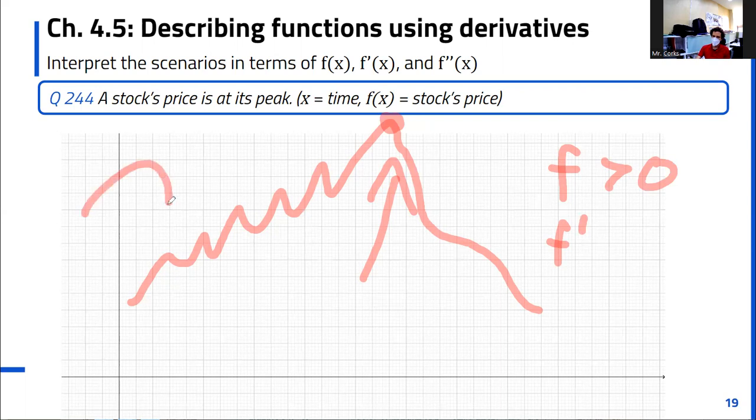If we think about when we had a maximum point, or also a minimum point, what is the slope at that point? Well, it was exactly 0. That's how we found them. When the slope is 0, what is the first derivative? Well, the first derivative is 0 because the first derivative is the slope. So if something's at the peak, at a maximum point, then the first derivative is 0.